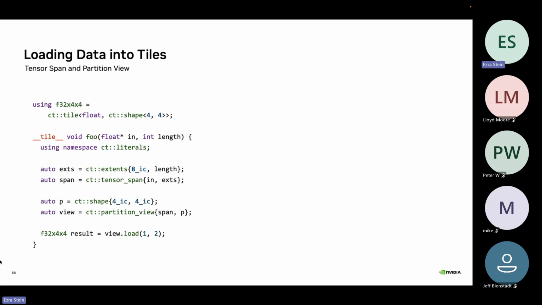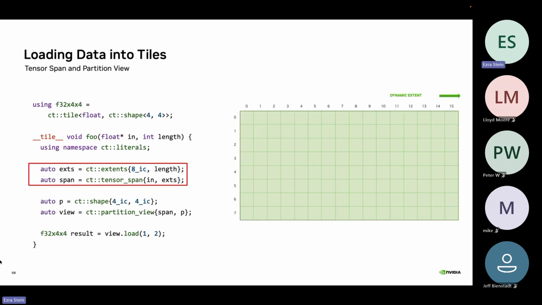So the first step in doing this is we create something called a tensor span. This is very similar to the mdspan type that I showed earlier. There are some minor differences, which I could talk about if people are interested. But the idea is it's just a pointer to some location with the size information about the array it's pointing to.